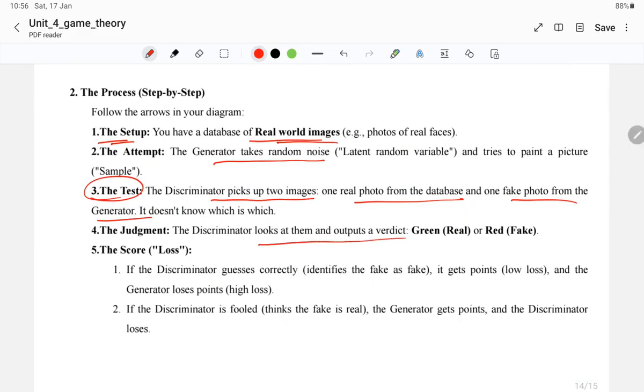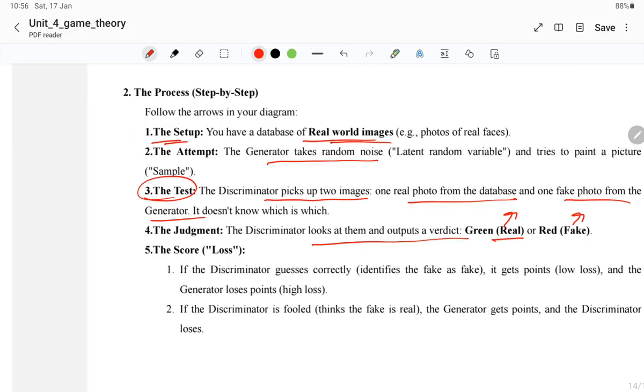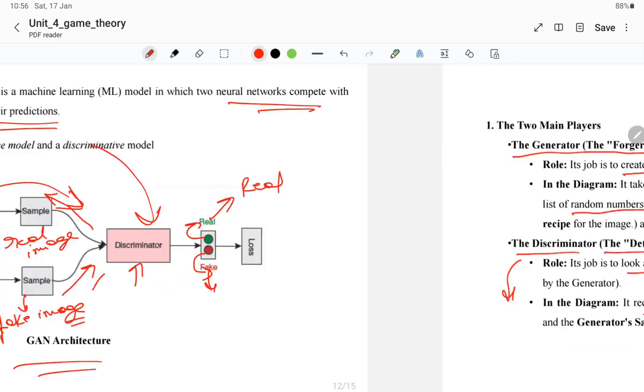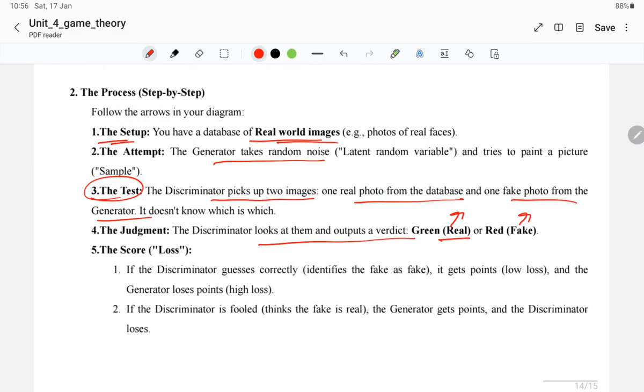The discriminator looks at them and outputs a verdict, green or red. Green is real and red is fake. So real means green, and fake means red. Then what is the score? That is the loss.